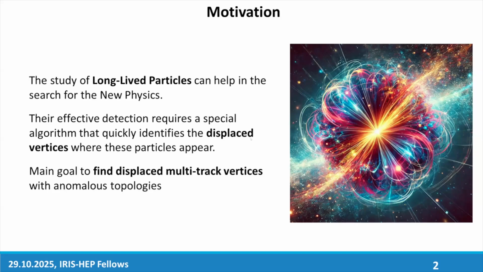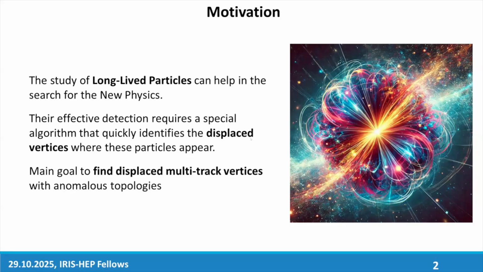These particles can be produced in high-energy proton collisions at the LHC and can be detected by the LHCb detector. To do this, we need a special algorithm that can quickly identify such so-called displaced vertices where these particles appear.